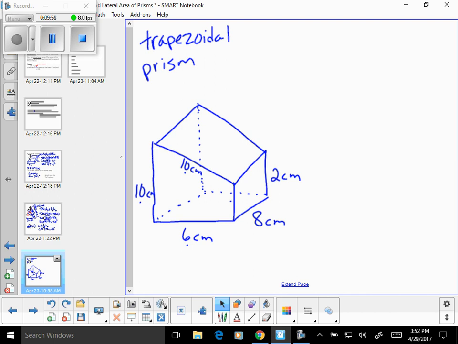Okay, this is going to be another 2 centimeters right here. Some people actually will write that in there, and it's probably a good idea. But that trapezoid becomes your base, and you have to be careful for that.